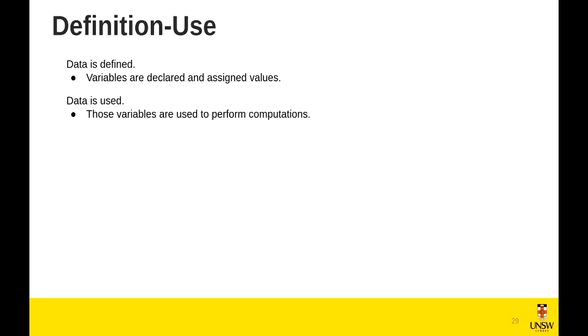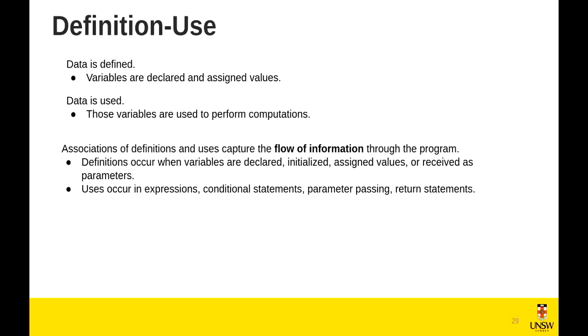And the second thing we care about here is that a piece of data is used. This means that the variables are used to perform computations. And associations of definitions and uses can capture the flow of information, the flow of values inside the program. Definition normally occurs when variables are declared, initialized, or assigned values.